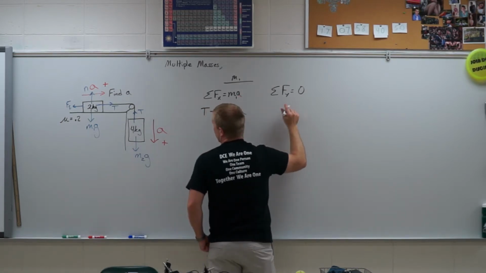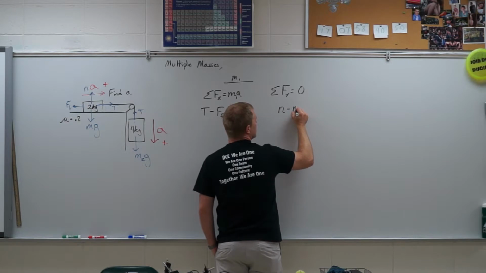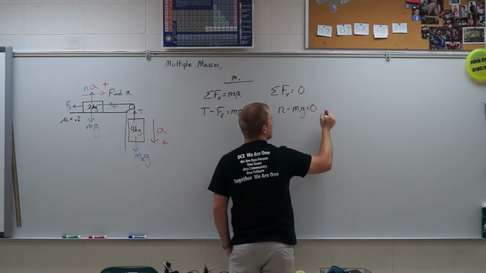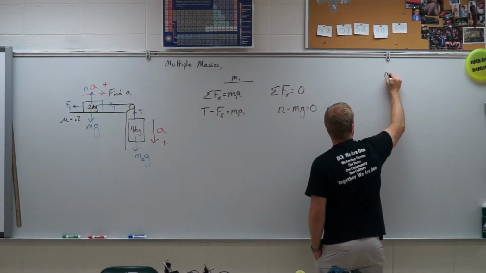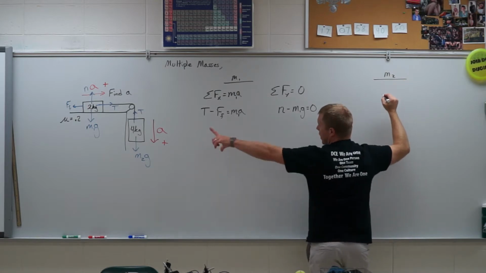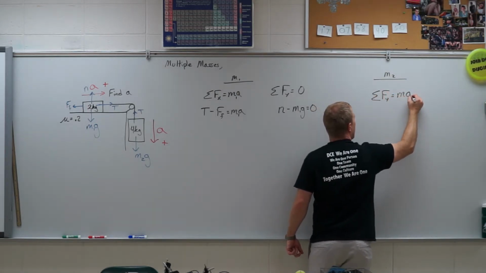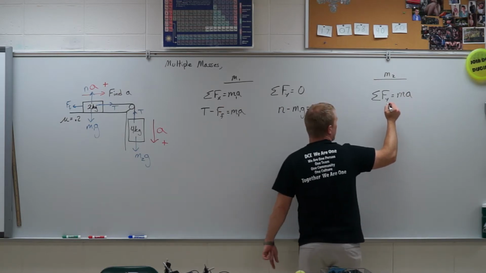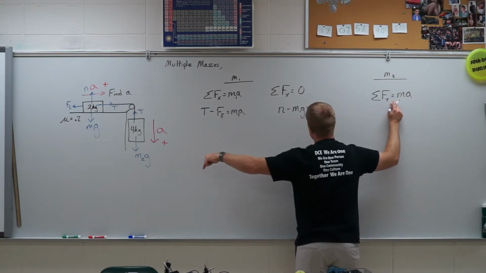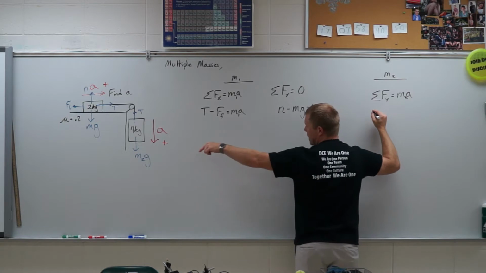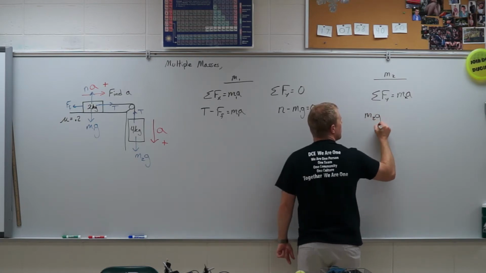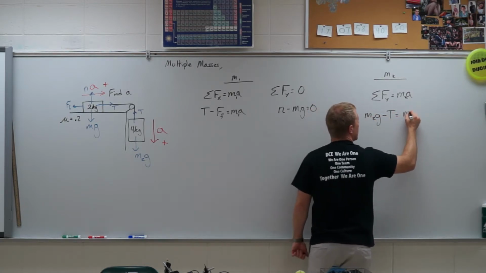In the y direction, I have normal force minus M1g equals 0. For M2, I only have a y direction, so the sum of the forces in the y direction equals ma, because it is accelerating in the y direction. Now down is my positive direction, so I'm going to have M2g minus tension equals M2a.